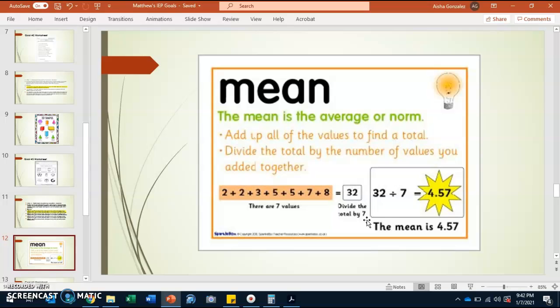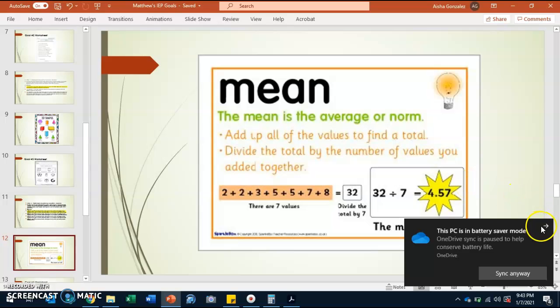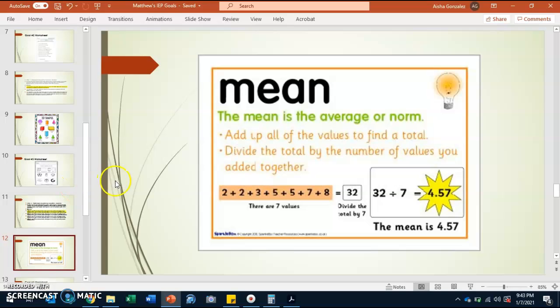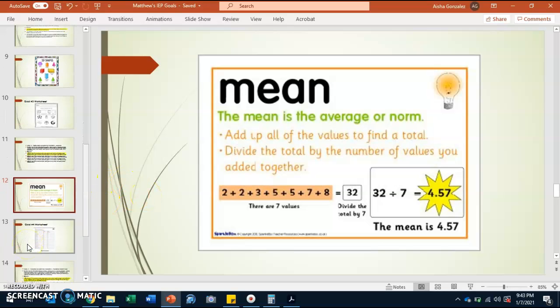Then we are going to get our total and divide it by the number that there were, which was 7. So we would do 32 divided by 7, and whatever answer it gives us, this would be our mean. So our mean here would be 4.57. And that is what we are going to be doing on our next worksheet.